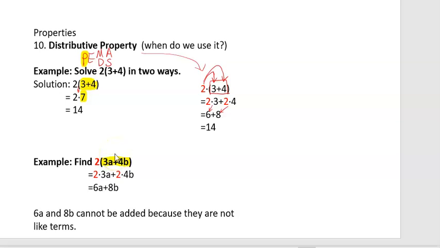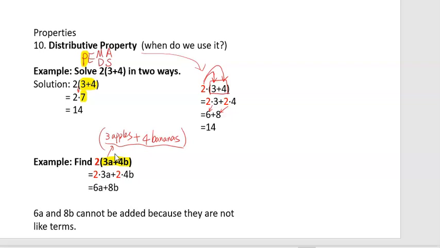Think of 3a as 3 apples, and 4b, if b represents bananas, as 4 bananas. If we have 3 apples plus 4 bananas in a box, we cannot really combine them into 7 of something.